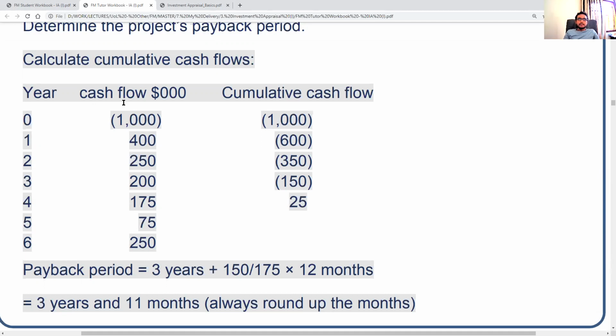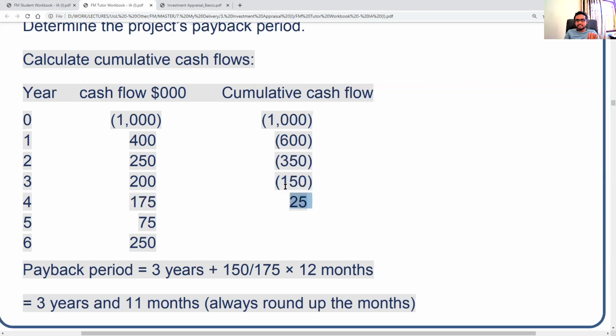So here, cash flow, cumulative cash flow. At year zero, you start with a minus 1,000. Year 1, you get 400. So net of minus 1,000 and 400, you get minus 600. Then net of minus 600 with this inflow of 250, minus 350. Net of minus 350 and 200, minus 150, and you realize somewhere during the 4th year, you're making more money and you have recovered your money.